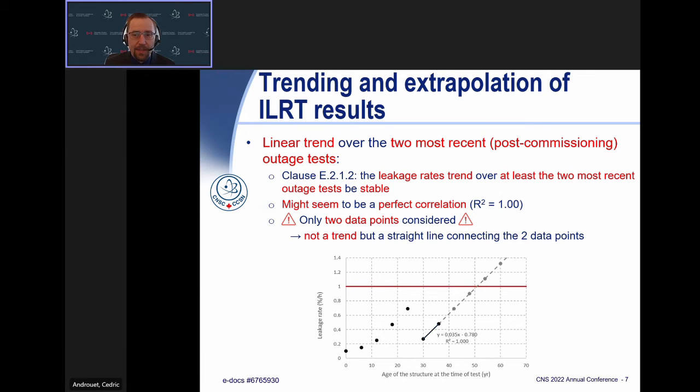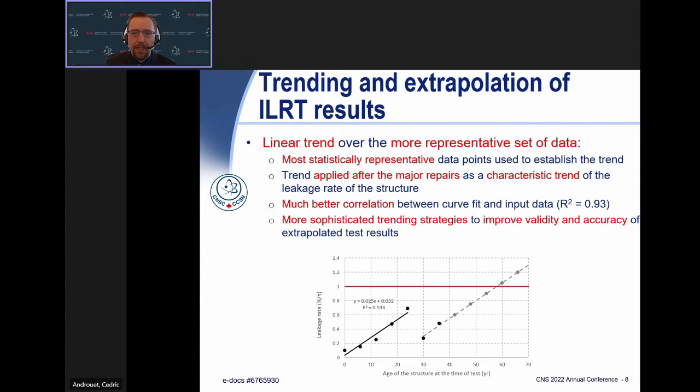As such, the CSA requirement mentioning over at least the 2 most recent post-commissioning outage tests shall be considered with extra care. The next type of trend presented addresses the issue that we talked about earlier in terms of data that can be compared to one another.